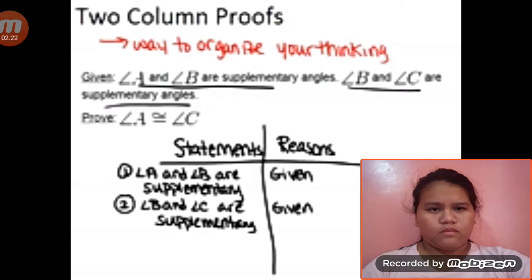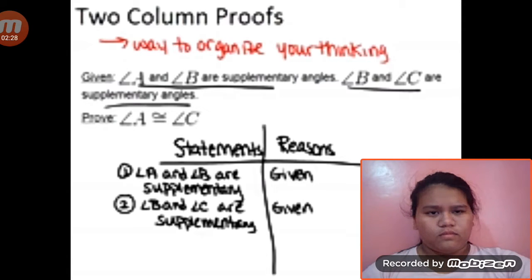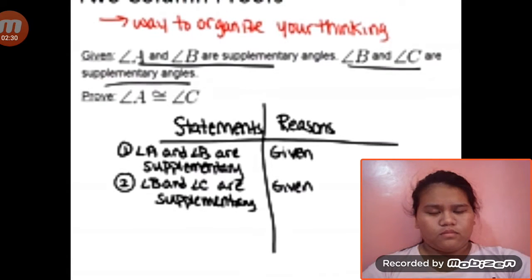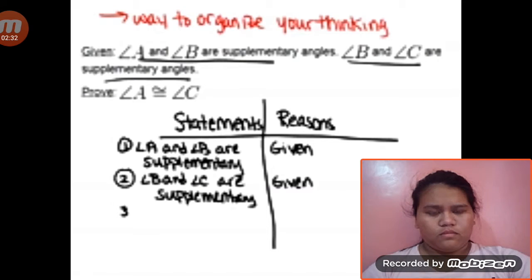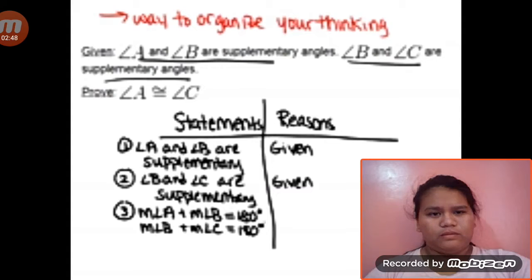If you remember the definition of supplementary angles, it says that they're two angles that add up to 180 degrees. So that's the next thing that I'm going to write: the measure of angle A plus the measure of angle B has to equal 180 degrees. And similarly, the measure of angle B plus the measure of angle C also equals 180 degrees.